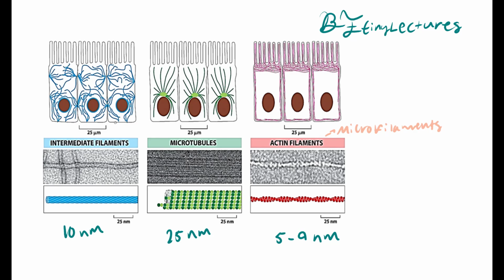The intermediate filaments are created by two strands, and these strands will eventually come in contact with each other and start to twist. Since they twist, they become fibrous. These are fibrous proteins, meaning that they're like strands.